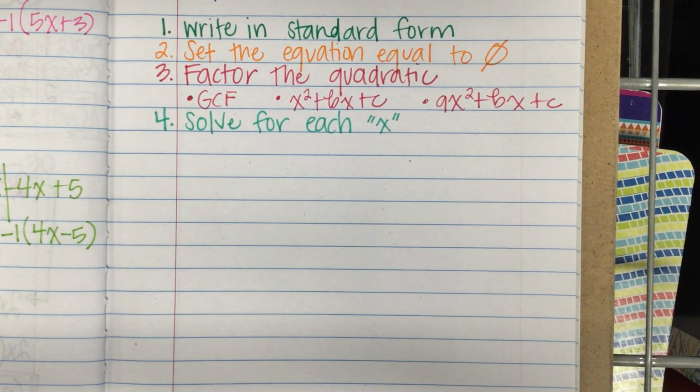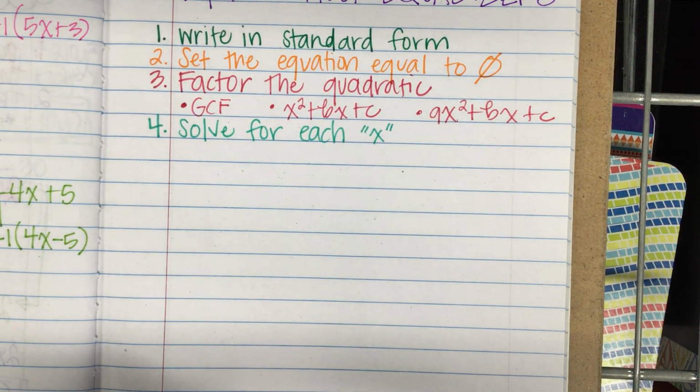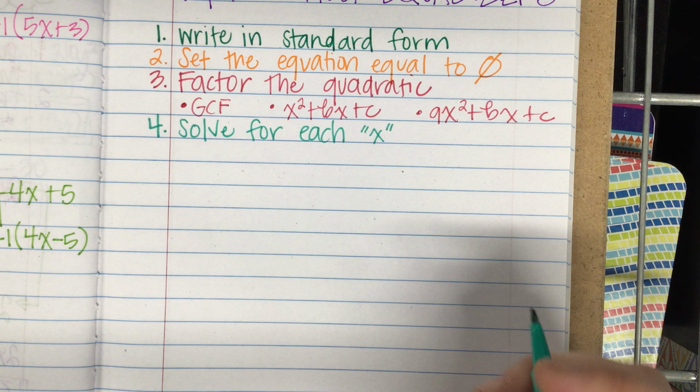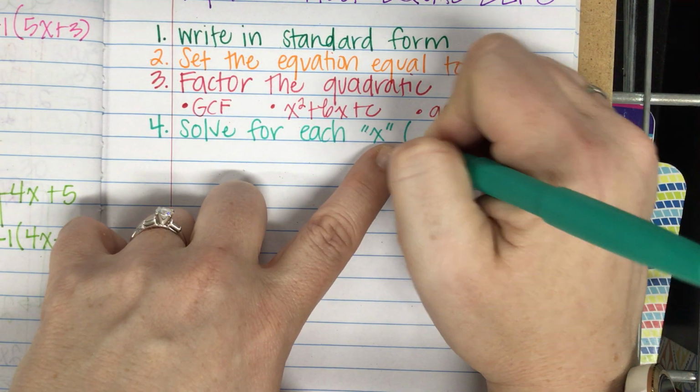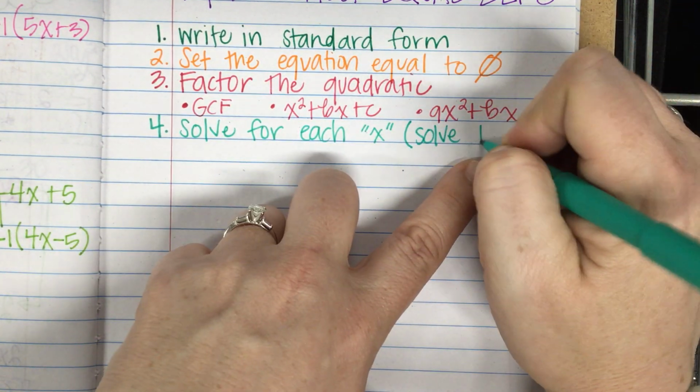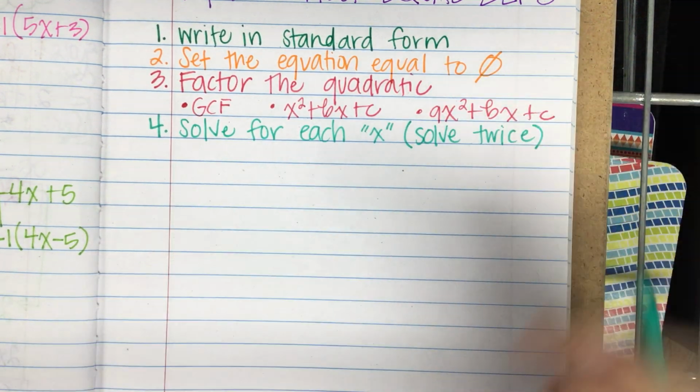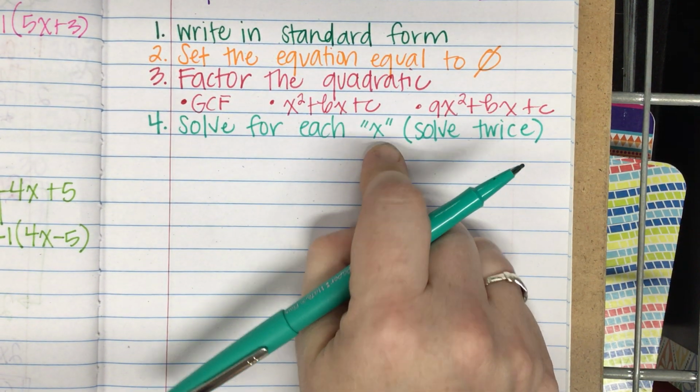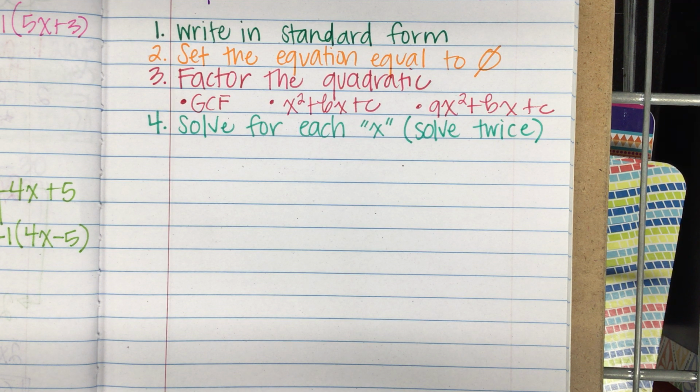Because when you factor, you usually have 2 factors, correct? You're going to solve for each x. You're going to solve twice. Now I put x in parentheses because it could be the variable r, or it could be the variable t. I think in your homework they're all x's.